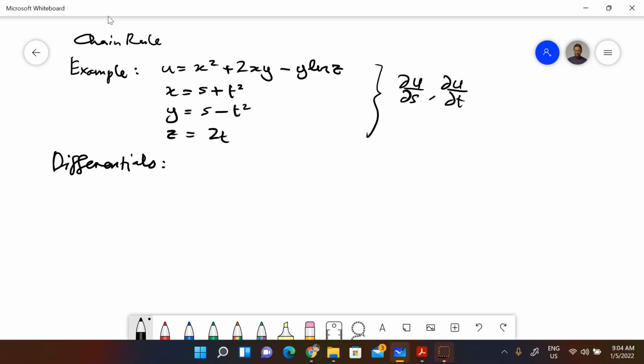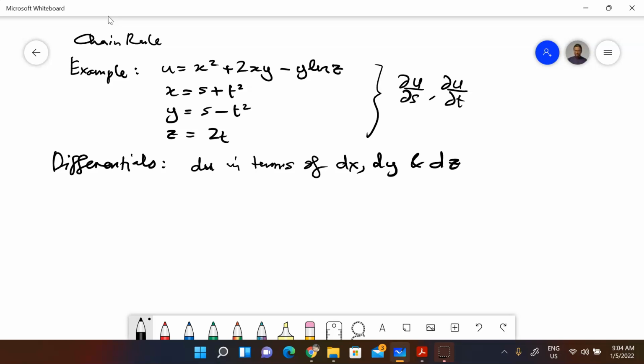I'm not going to write those down, but essentially once you have the differentials, you will have du in terms of dx, dy and dz.